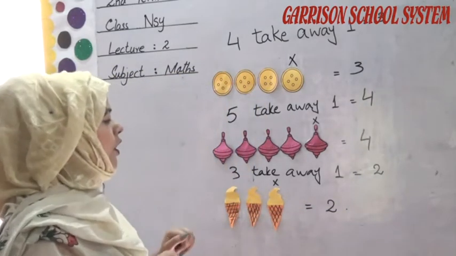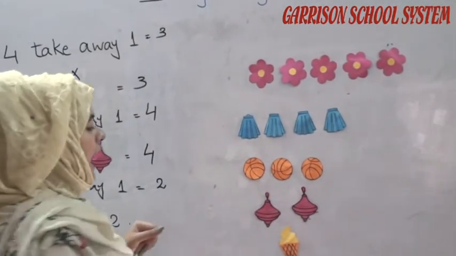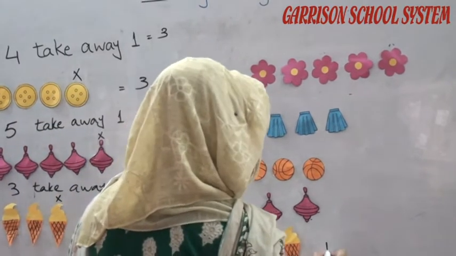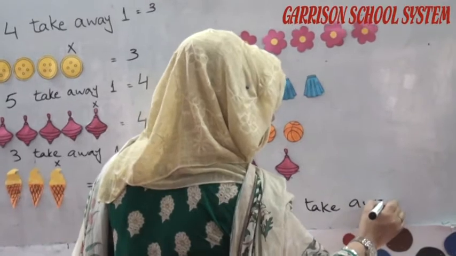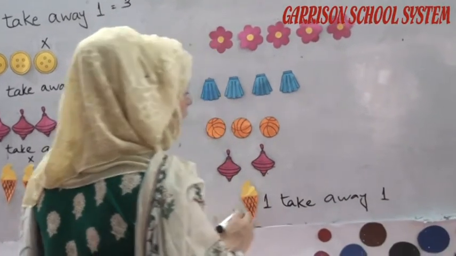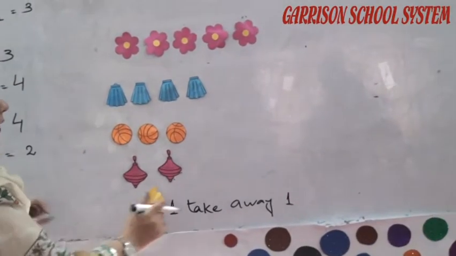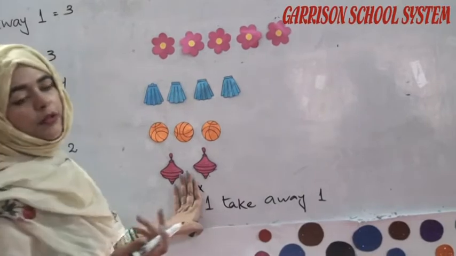So let's suppose that we have one cornetto over here, like one cone ice cream, and if we take away 1, it's a 1, and if we take away 1, like we are putting a cross on it, if we hide this 1, how much will we have?